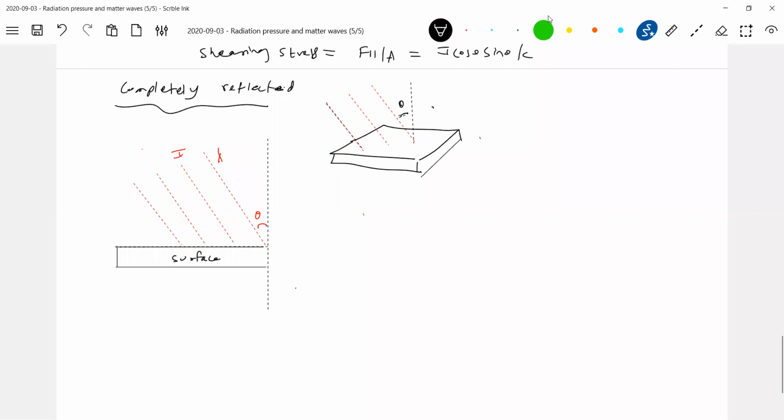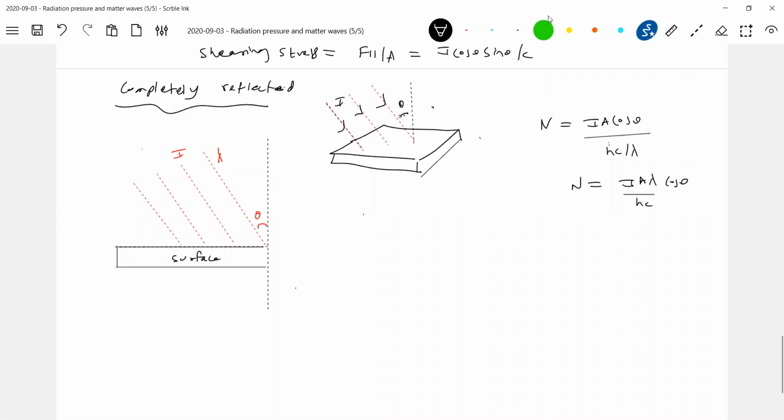In numericals, you may get a 3D diagram, so be careful. Let's get into the problem. The number of photons incident on the surface will be the same, so I'll directly write it. This should be equal to IA cos theta lambda by hc, so IA lambda by hc cos theta.